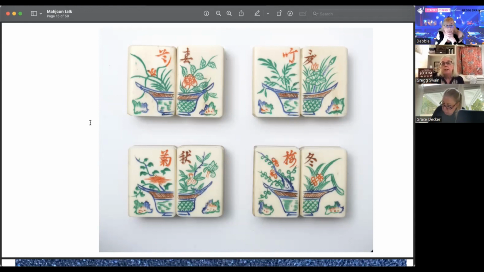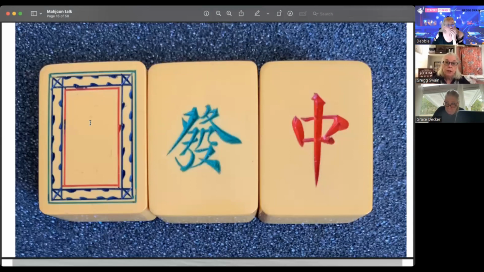The Mah Jongg tile export was number 6 on the list of exports. So only 5 things were exported more and brought in more money than Mah Jongg sets, which is just incredible.